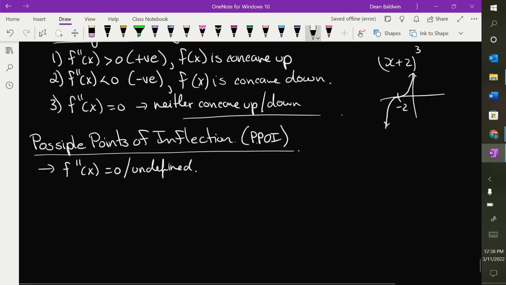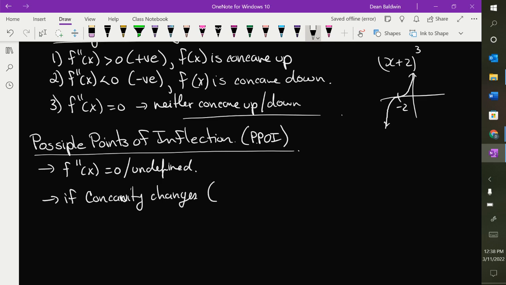If the concavity changes, i.e. you go from up to down or vice versa, then it is a point of inflection, a POI. It's no longer possible.